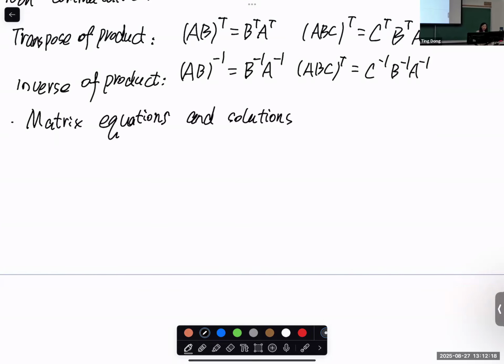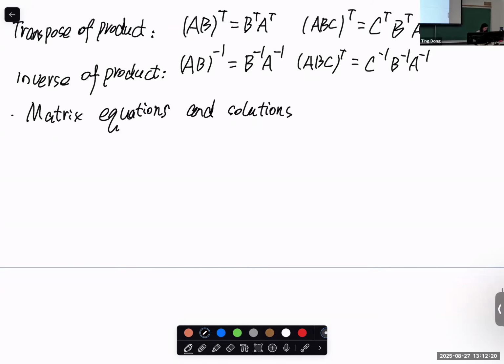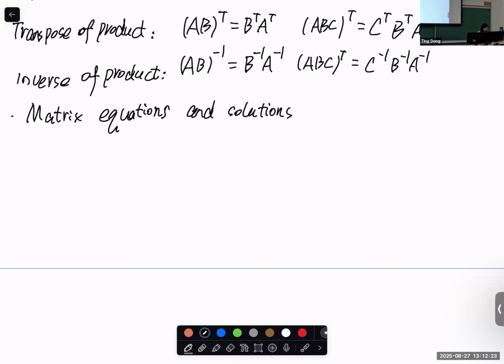Let's assume that we have n matrix equations, and let's put them in matrix form directly. We have an n by n matrix: the first row is a11, a12, up to a1n. The second row is a21, a22, up to a2n.